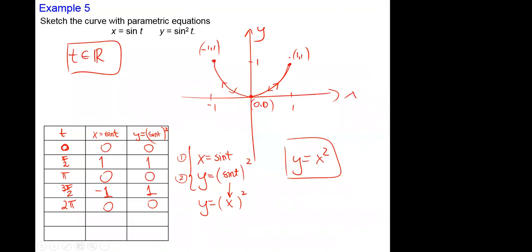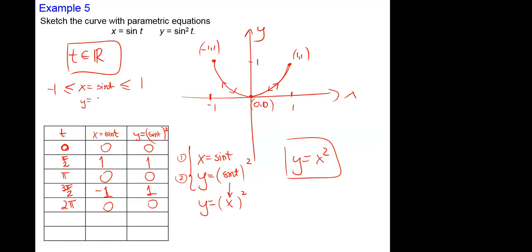And probably you can see why, because x was defined as sine of t, and sine of t has a range only between negative 1 and 1. Because the sine values for any angle are between negative 1 and 1, x will be between negative 1 and 1, and that makes sense.